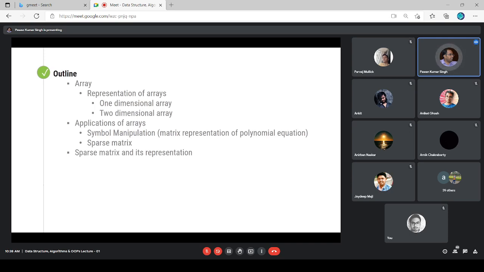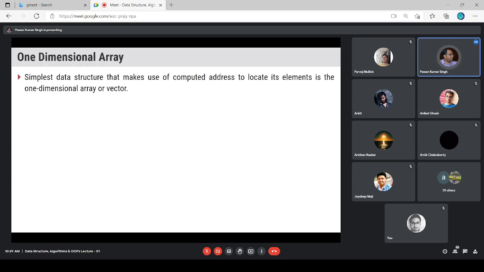The representation of array, 1D array, 2D array, the applications of the array, and symbol manipulation, like the matrix representation of the polynomial equation, and the sparse matrix is there. I don't know whether you have been taught about this sparse matrix in the previous semester, but it is there in the syllabus, sparse matrix and its representation. So let us see one by one.